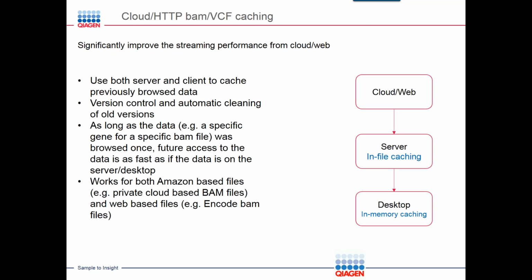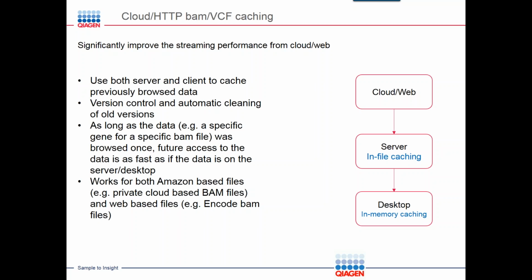This could be an HTTP resource, or a BAM file from Amazon S3 storage. So sometimes the connection between the server and the cloud, or between the server and the web, is slow, and there's nothing that we can do about that bandwidth.